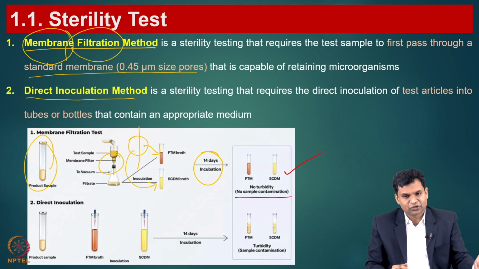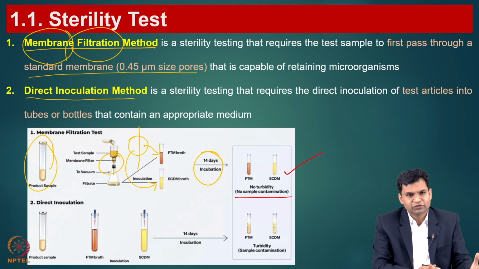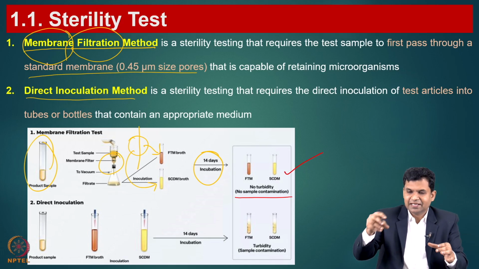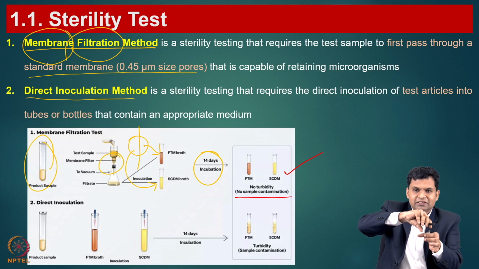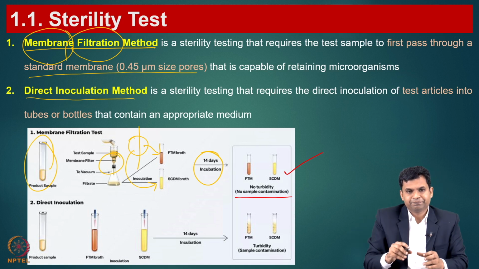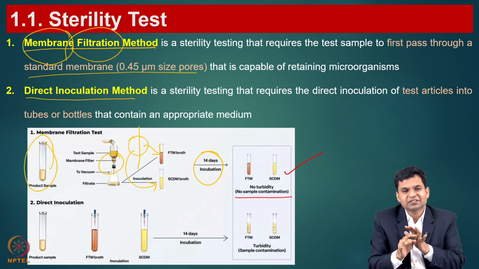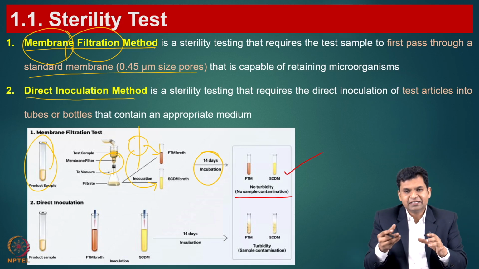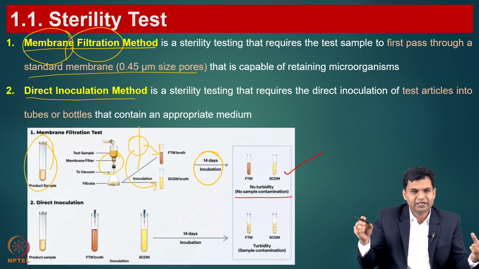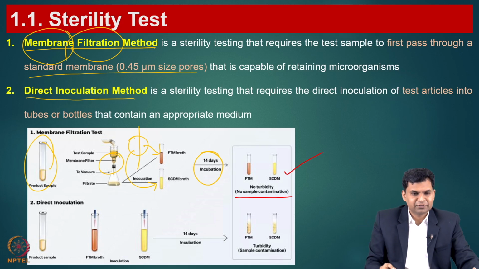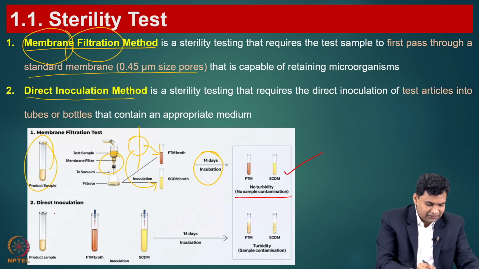In direct inoculation, we simply take the formulation and directly inoculate it into the medium. Here there is no filtration and no dilution. We take our formulation and inoculate the culture medium directly, as you can see in the test tubes.